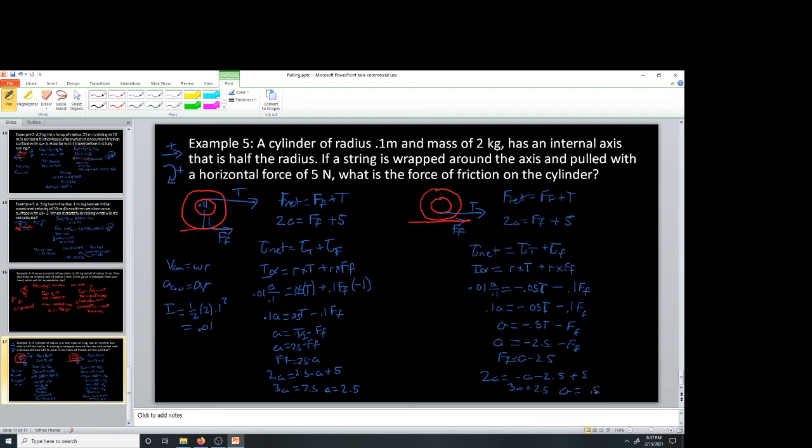A equals 0.833. If A is 0.833, then friction, right, is negative of that. So friction is negative 3.33. So friction is actually going back the other way, and that's totally fine. All right.